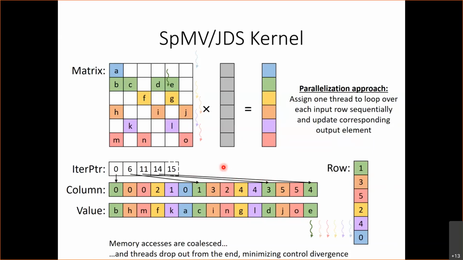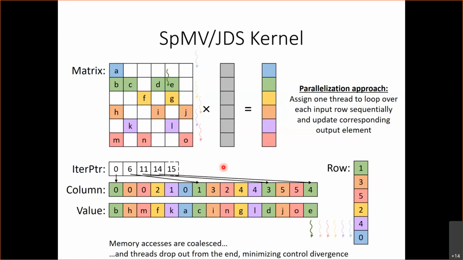What about coalescing? It's very coalesced. Right, the coalescing is good because the rows are sorted. It's actually even better than ELL, right? Because if you remember with ELL, when we are doing the coalesced accesses, at some point we reach these padding elements inside of our accesses.